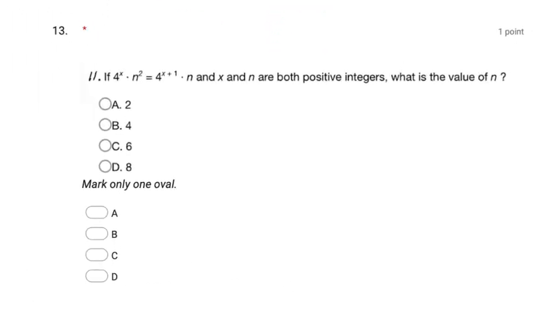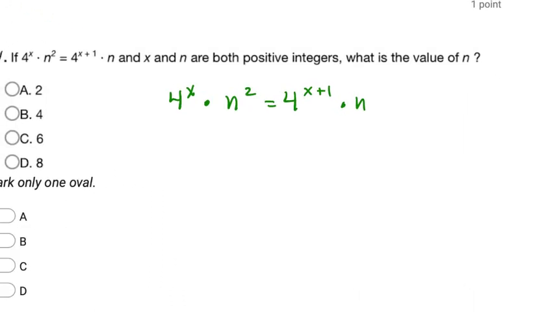13 is kind of a tricky one here. 4 to the x equals n, plus times n squared equals 4 to the x plus 1 times n. Well, the first thing I'm going to notice is these are multiplications. So this is a factor and a factor and a factor and a factor on each side. And they both have n's in them, so I'm going to divide out one of the n's.